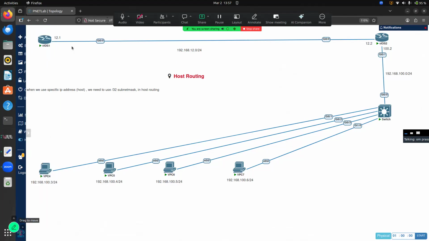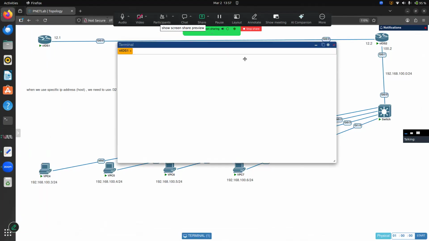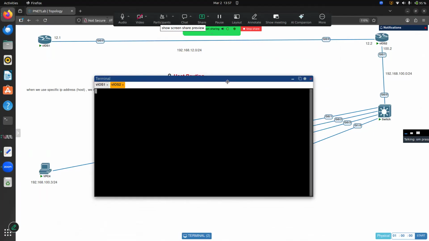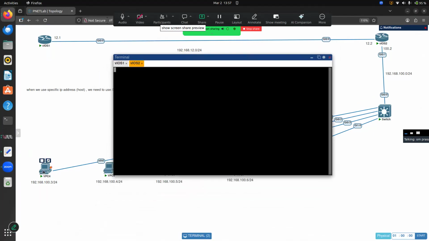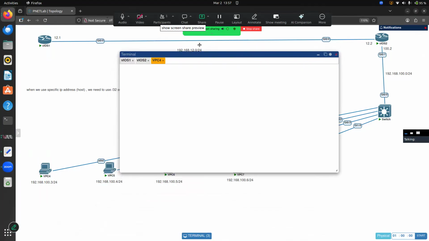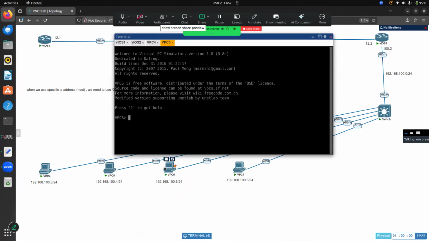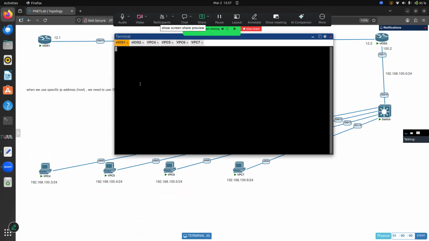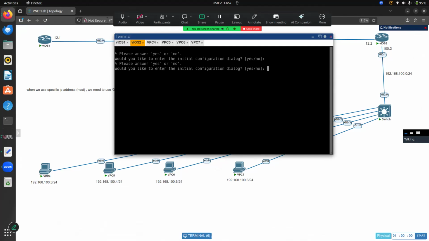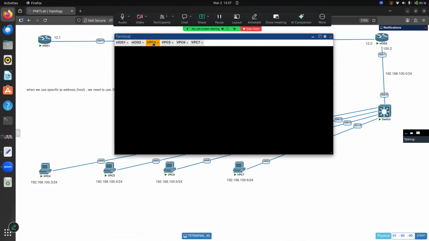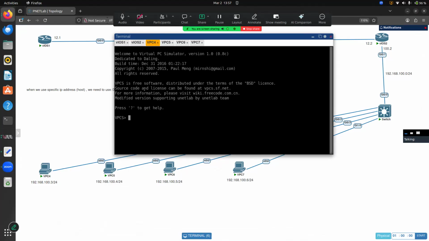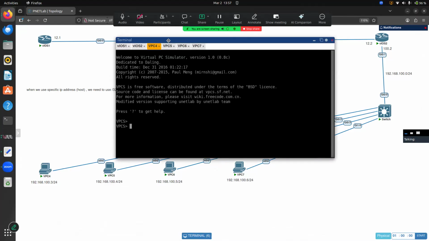Let's do that. Open router in my terminal server, router 2, then also the PCs.